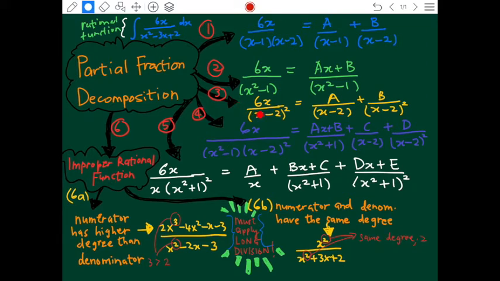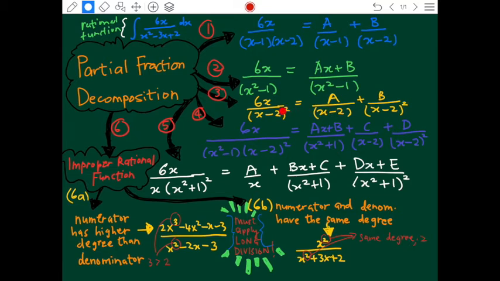Now what you need to do is, since the x has only power of 1, you can break it into two components, A plus B, where the denominator for A is x minus 2, without power, and then plus B over x minus 2 squared.